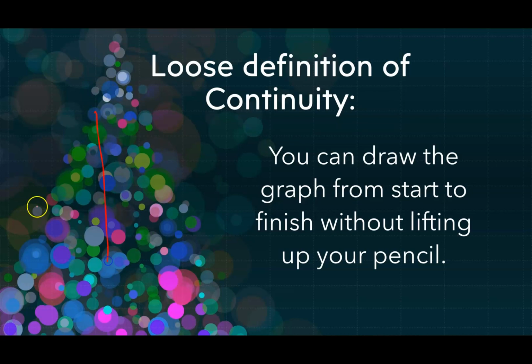So like this, if you have here's A, here's B, and if we were talking about the interval from A to B, we're saying, well, if I could draw the function from A to B without lifting up my pencil, then it's continuous. Okay, so let's look at when it's not the case.